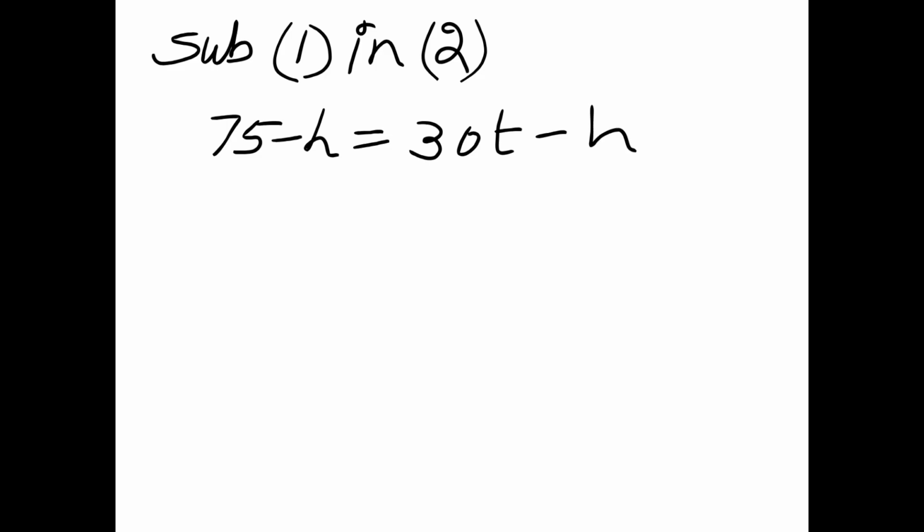So I can cancel h here. What is remaining? 75 equal to 30t.